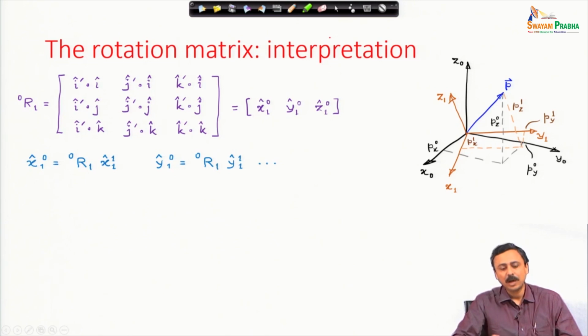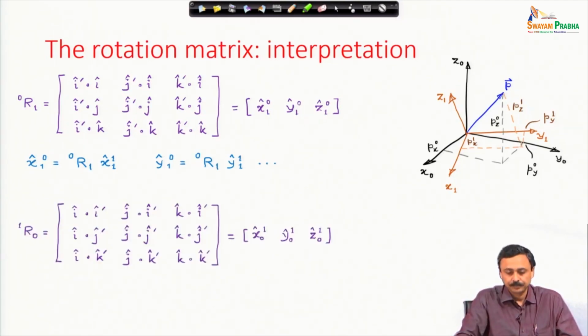Similarly, y 1's representation in frame 0 is obtained by multiplying R from 1 to 0 with y 1 in frame 1, which means the representation of y 1 in x 1 y 1 z 1, which will be 0 1 0. That means it will filter out the second column, and so on. Now, the same thing happens with R from 0 to 1. Now, what do you find?